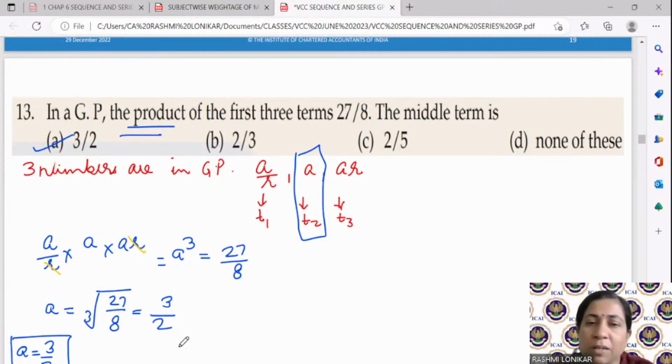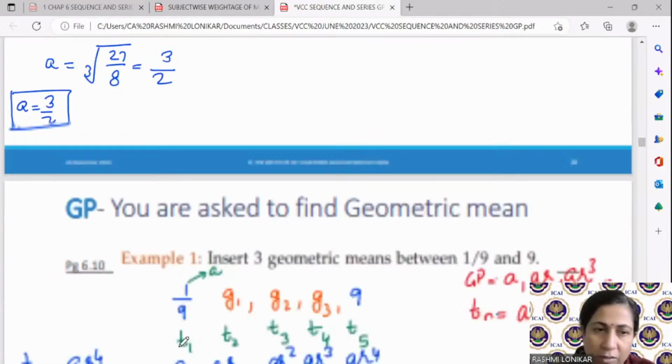So the middle number is A, and A I found out, and that is the answer. So sometimes very simple things they have asked. But the only thing is that you should know the typical ways of doing it. So here the typical way is choosing the GP as A by R, A and AR. Okay. Okay, Swati.